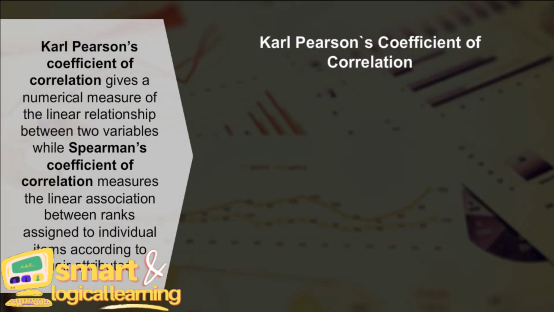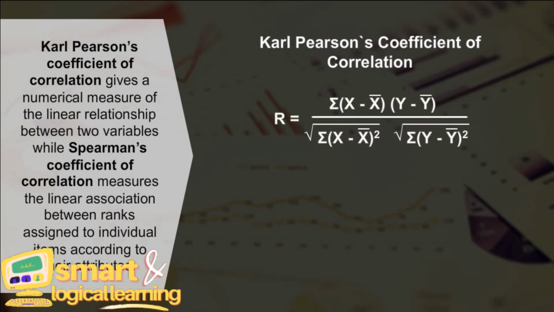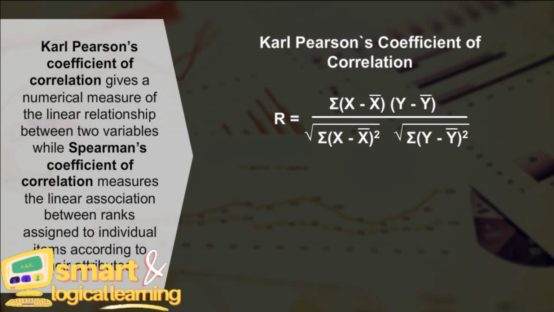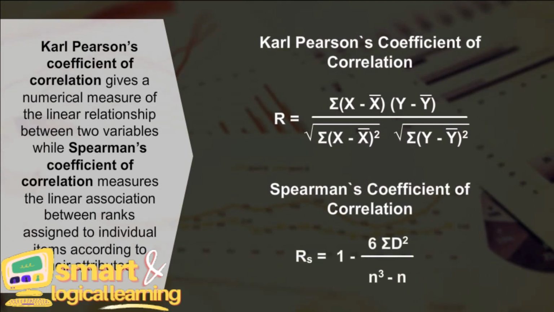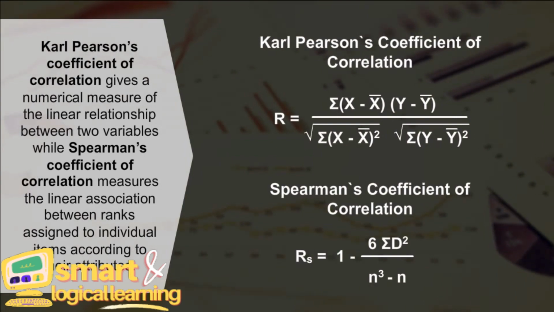Karl Pearson's coefficient of correlation gives a numerical measure of the linear relationship between two variables, while Spearman's coefficient of correlation measures the linear association between ranks assigned to individual items according to their attributes.